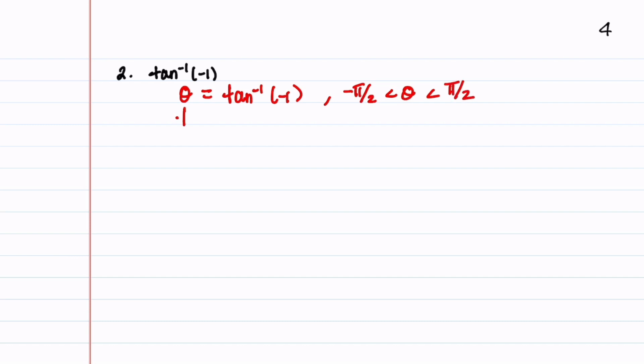So this means that tangent theta is equal to -1. Tangent is negative, so it's going to be in the fourth quadrant, and that gives theta is equal to -pi/4. So our inverse tan of -1 is equal to -pi/4.